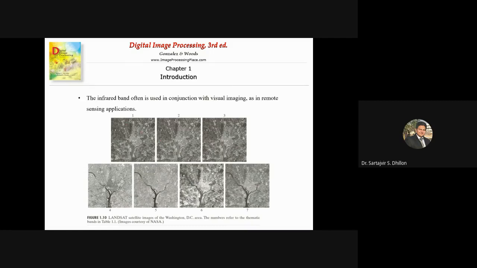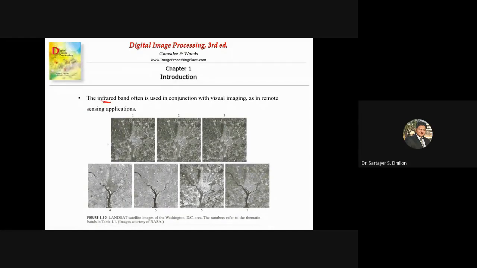There is another broad application nowadays. Digital image processing is very popular for Earth observation, so that's why we can talk about the application of digital image processing in remote sensing. And there is the infrared band.